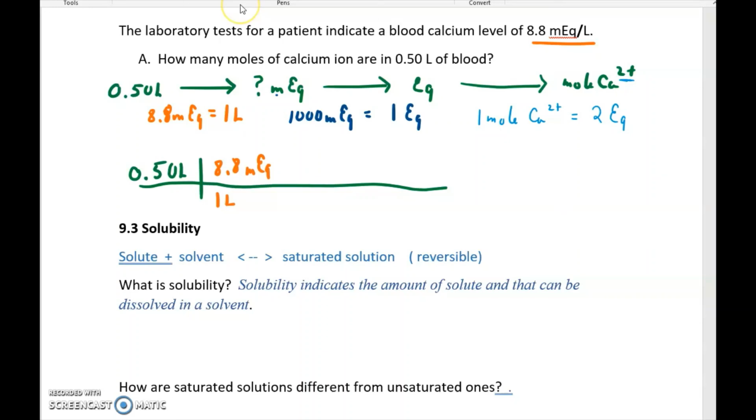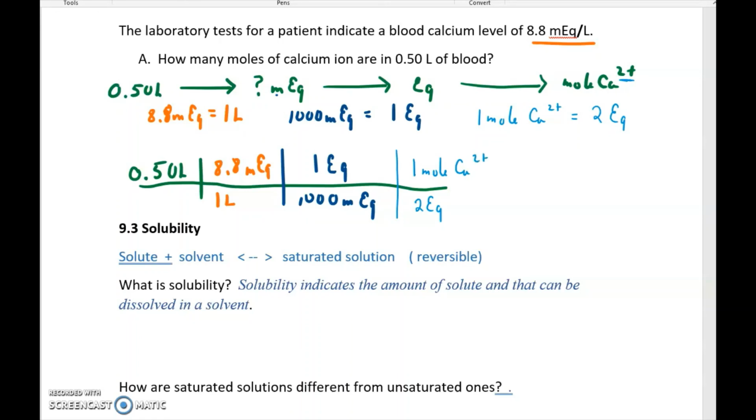Our second conversion will be to get rid of our milliequivalents and get equivalents. And our third will be to get rid of equivalents and end up in moles of calcium.